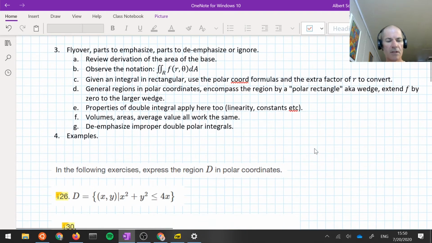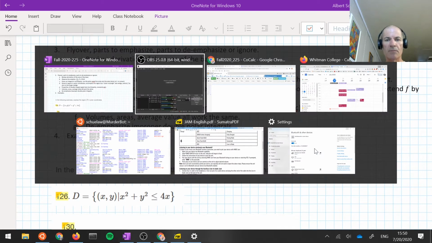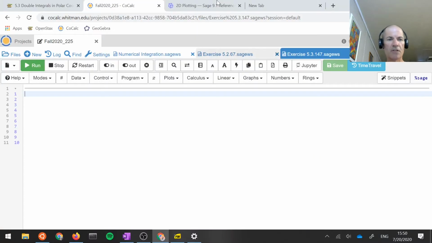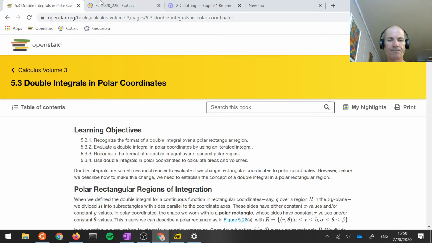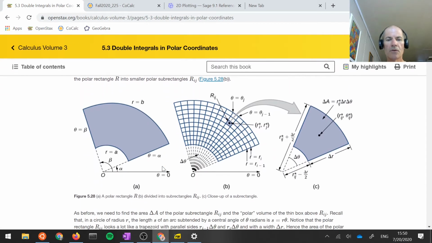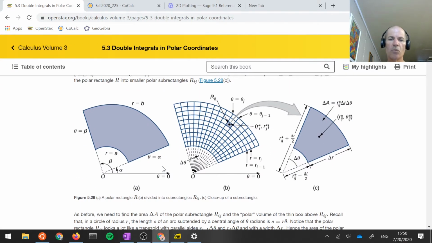All right, let's do a quick flyover of the textbook before we get into some of the exercises. Remember that when you take the xy plane and express it in polar coordinates, you get one coordinate axis that's radial, parallel to the r direction, and another that is circular, parallel to the theta direction.